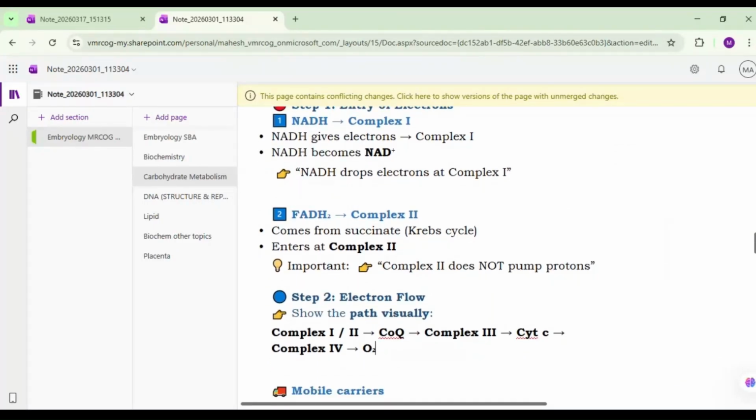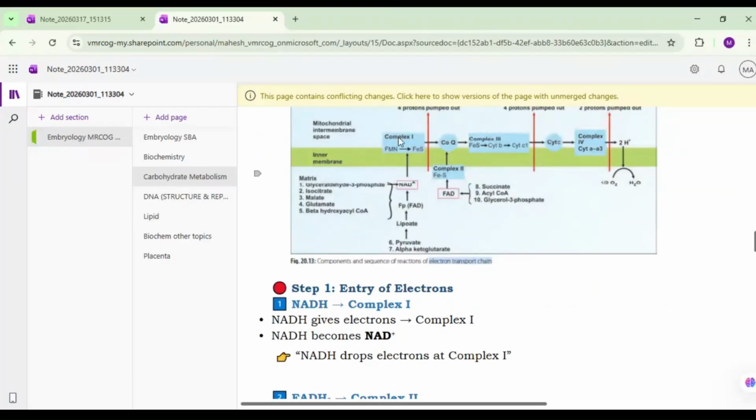Now, NADH enters at complex 1 and FADH2 gives electrons at complex 2. These electrons will be transported via the CoQ shuttle to complex 3. So CoQ acts as a shuttle to transport these electrons.